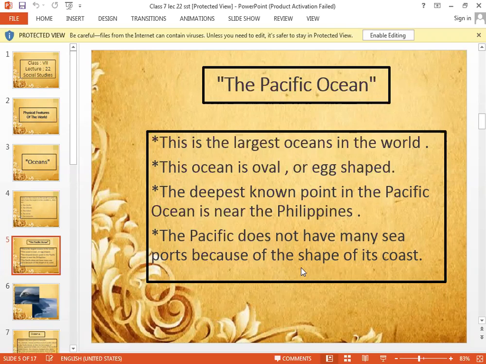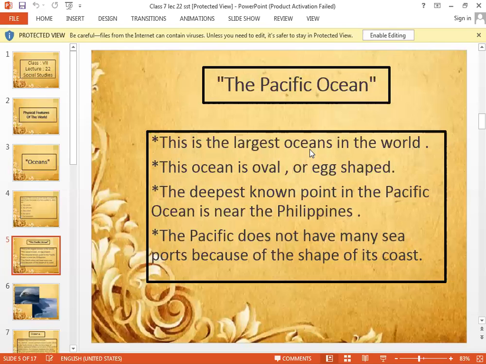So there are not so many ports because of the shape of the coast. And what is the shape of the Pacific Ocean? Oval or egg shape. So what is the interesting thing about the Pacific Ocean? First of all, we will discuss why it is called Pacific Ocean.